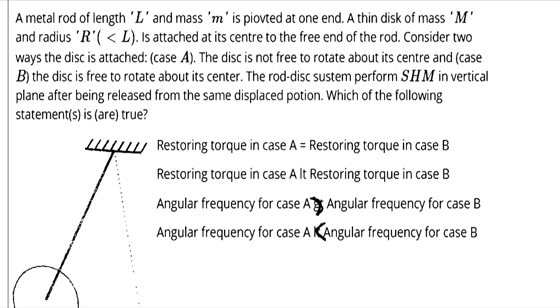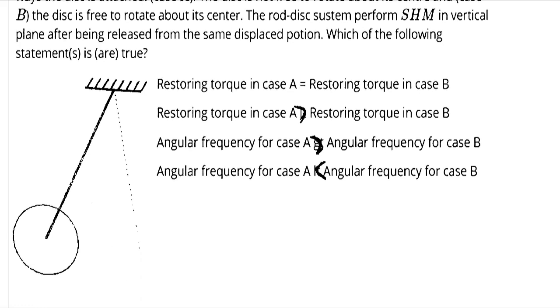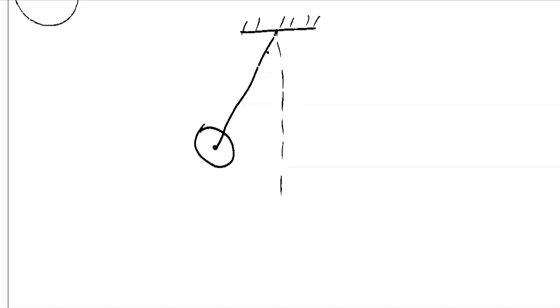So we have to check these four statements. The first and second statements are about restoring torque, so we have to check the restoring torque in case A and case B. From here, this is the rod, this is the disc, this is its center, and this is the vertical axis, and it is making an angle theta.